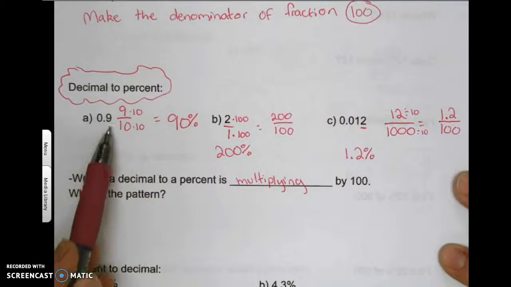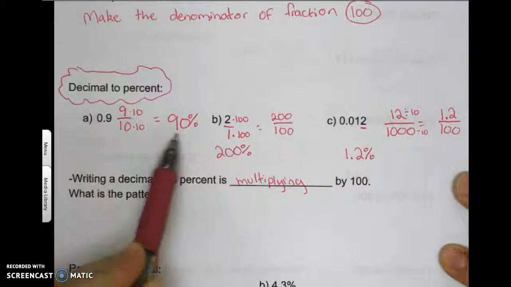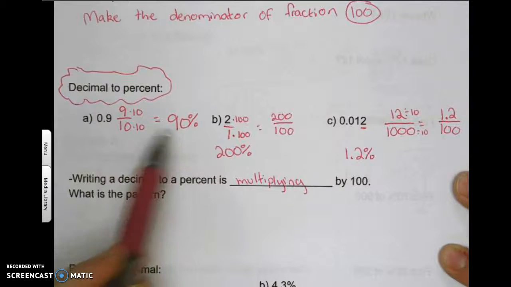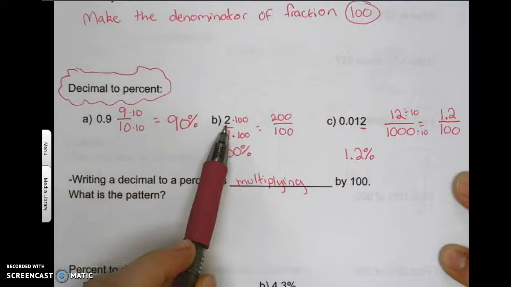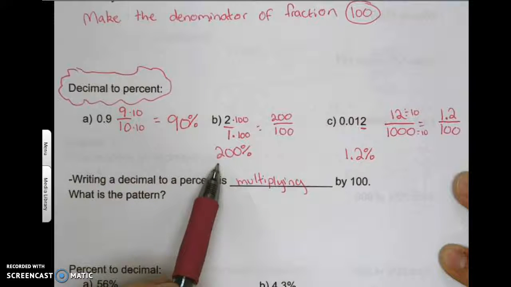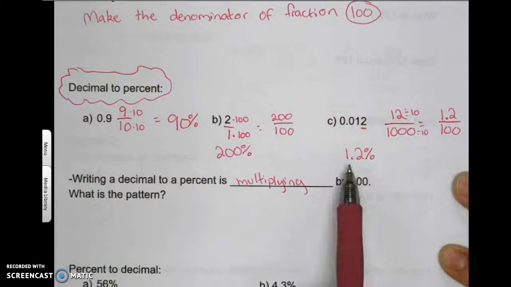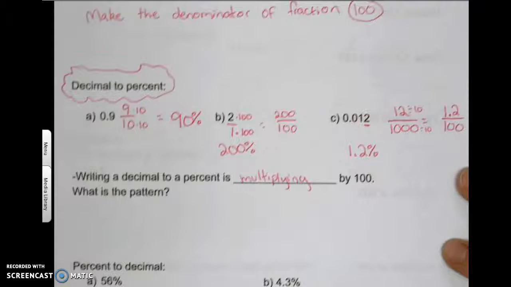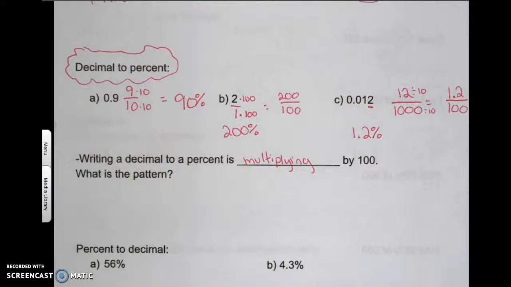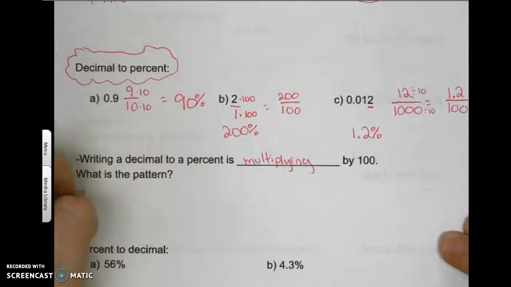So how did I go from 0.9 to 90? How did I go from 2 to 200? And how did I go from 0.012 to 1.2? The numbers all end up being the same. So we're really moving our decimal.